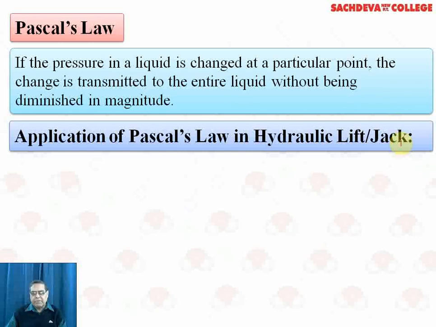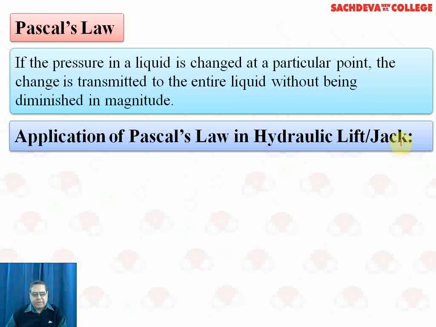For a hydraulic lift, there is a lot of liquid in a particular portion, and when a load is kept on the platform, the pressure works upward, and the car or heavy load moves upward. If it is a car, we have to check its suspension, and that's why the car must be lifted.